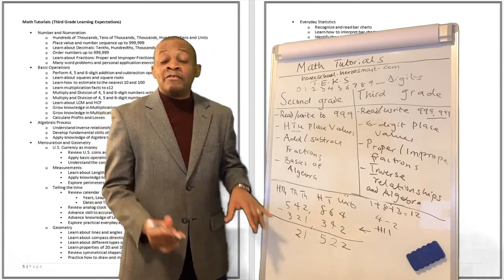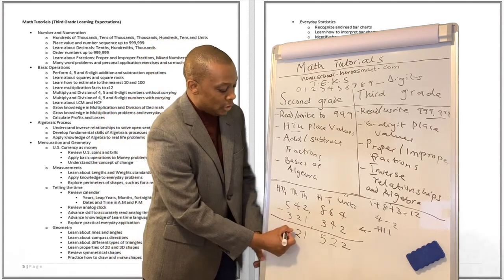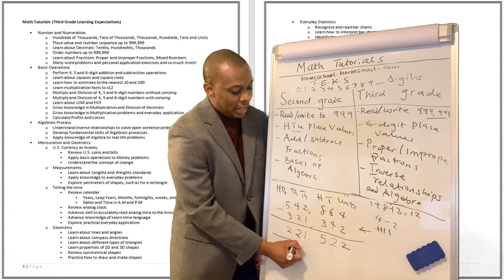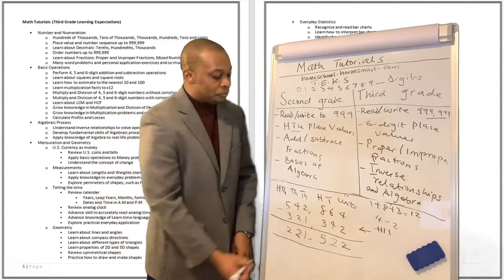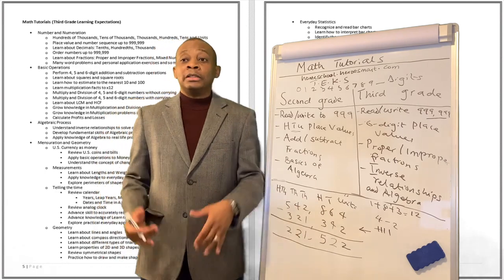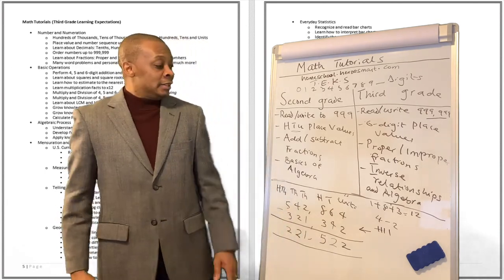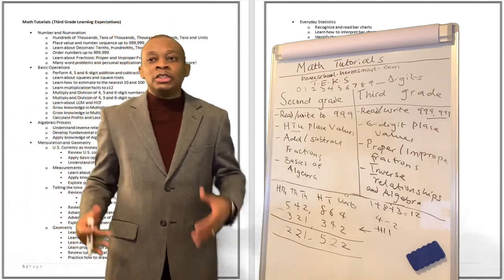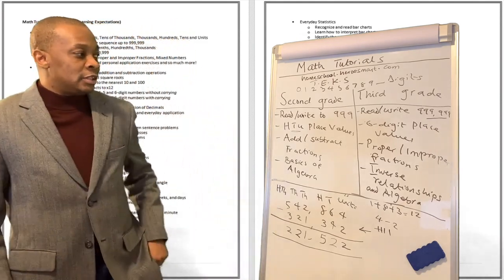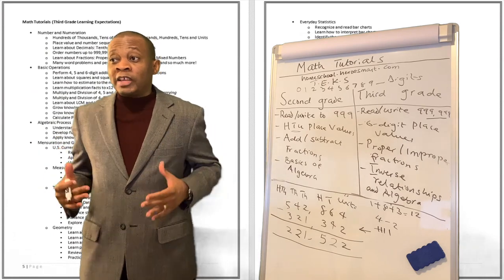What about 5 minus 3? That's going to be 2 as well. So the answer is going to be 221,522. Okay. So that's going to be a little simple way to teach how to do addition and subtraction at the 6-digit place value level.